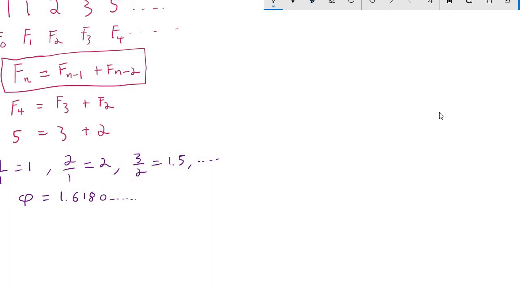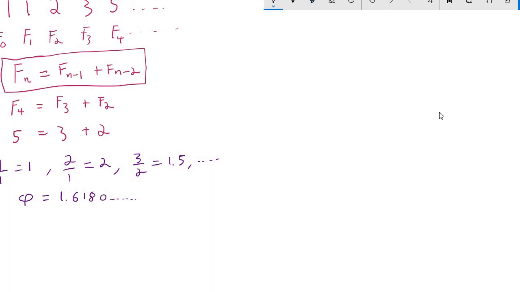And notice this estimate here, it undershoots it a little bit. This one overshoots it a little bit. This one undershoots a little bit. If you keep going, if you look at some of the calculations I did in the last video, they alternatingly over and undershoot this golden ratio.